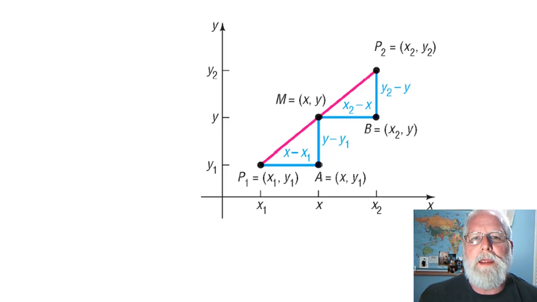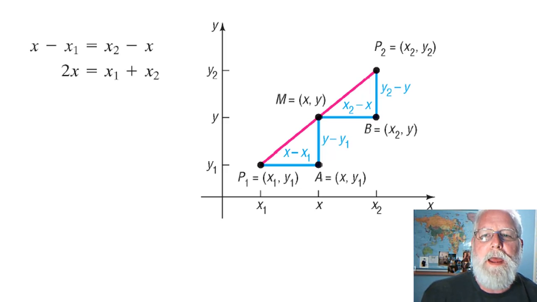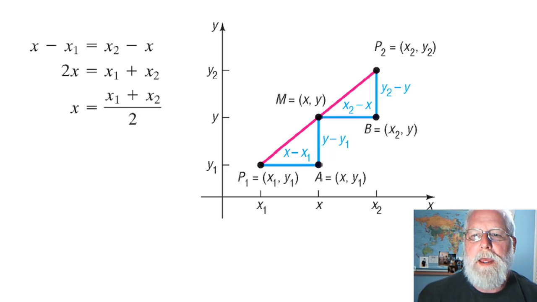If we get the x's on one side, if I add x to both sides, that's going to give me 2x. And then I add the x1, so then it's going to say 2x is equal to x1 plus x2. Now all I've got to do to get x by itself is divide everything by 2. And you can see where we get x is equal to x1 plus x2 over 2.